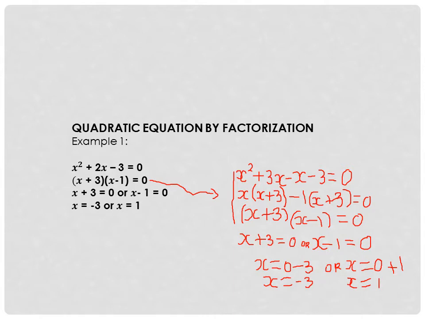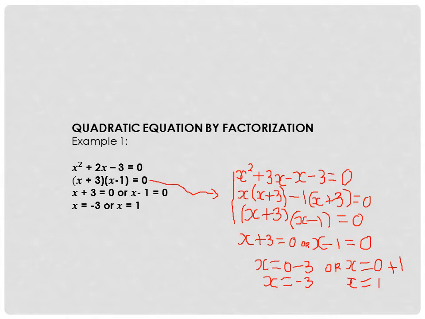Now to solve for x, for the number -3, we have to find two numbers that when we multiply, we are going to have -3. And that same two numbers, when we add or subtract, we have to get the number in the middle of the example, that is 2.